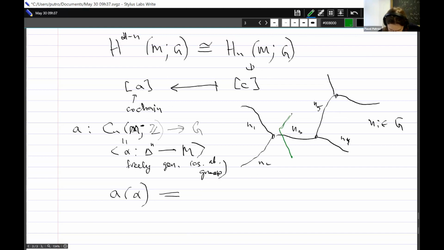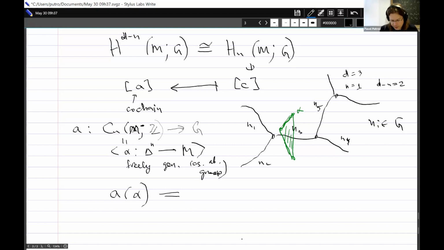We can consider the image of this alpha. This visualization literally works when d equals 3 and n equals 1, so d minus n is 2.